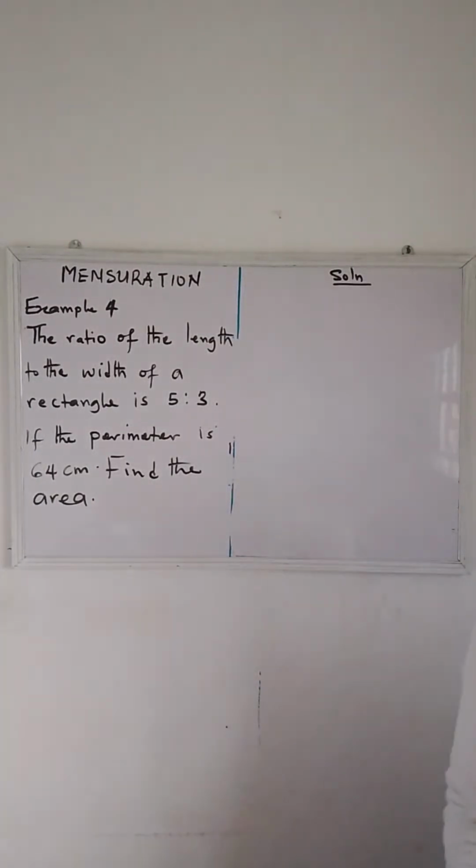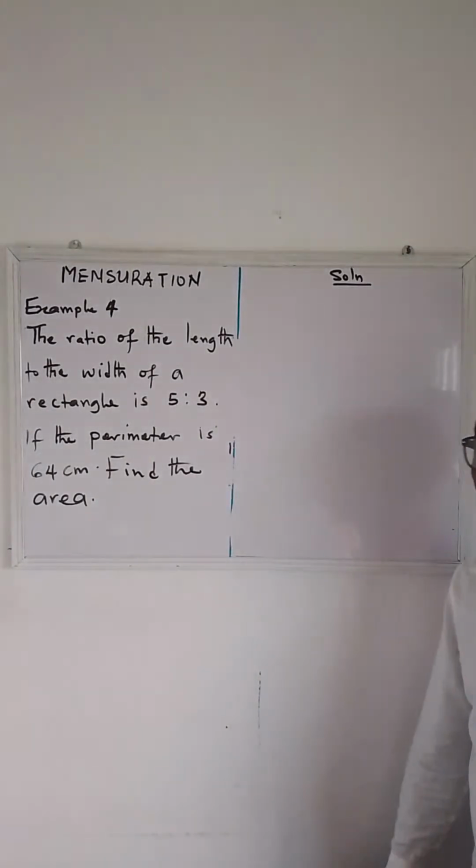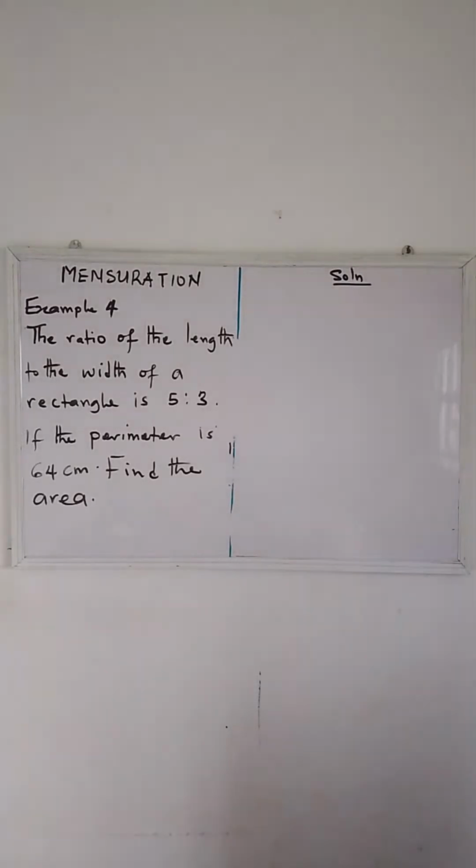So by now we should be rounding up. The ratio of the length to the width of a rectangle is 5:3. If the perimeter is 64 centimeters, find the area.